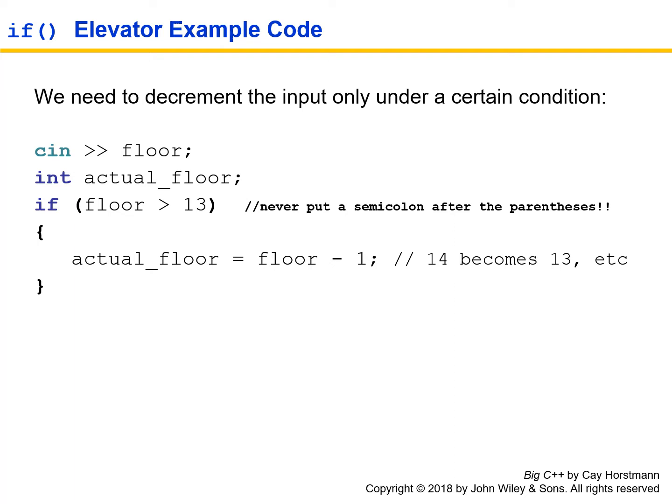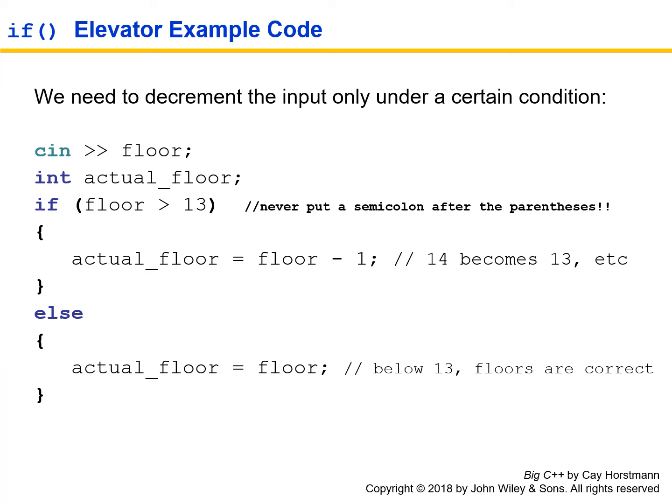Actual floor equals floor minus 1. So again, 14 becomes 13, 15 becomes 14, and so forth. Else, meaning they typed in a floor that was less than or equal to 13, the actual floor equals the floor. So if they typed in 7, we're going to go to the actual floor 7.